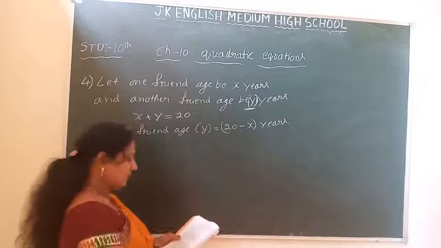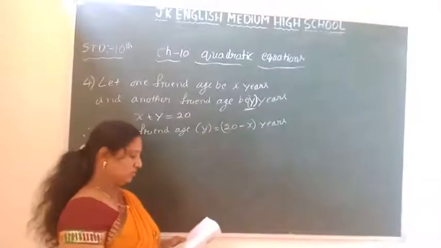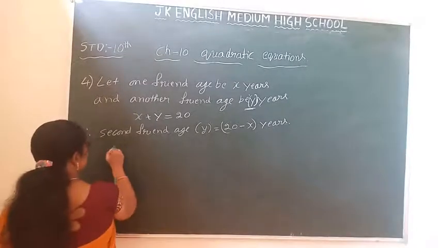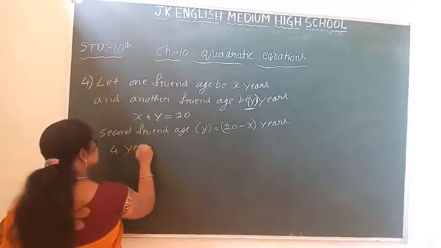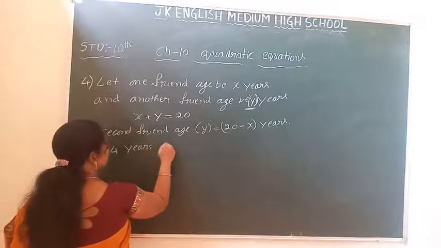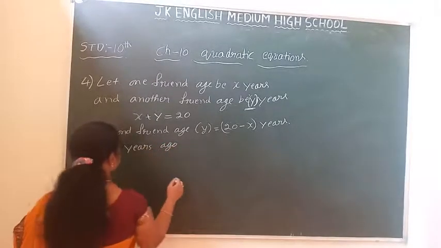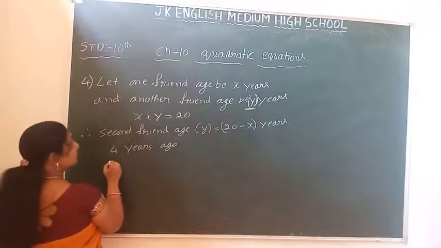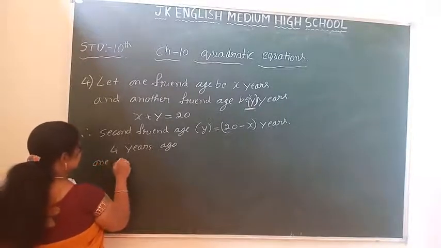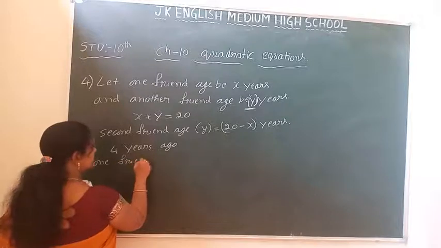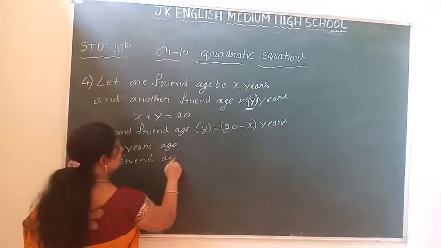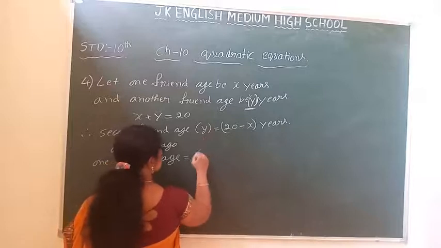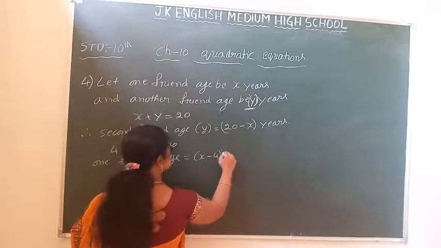Then four years ago, the product of their ages. Four years ago, one friend's age becomes x minus 4 years.